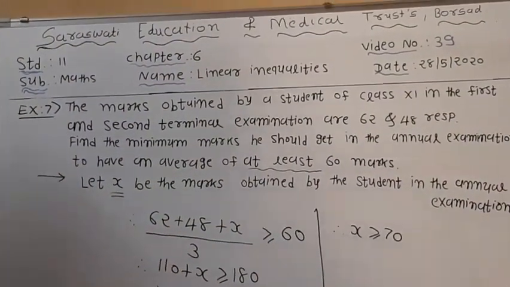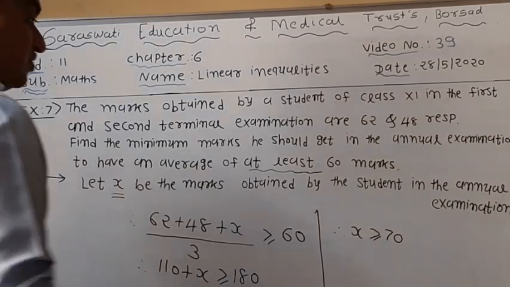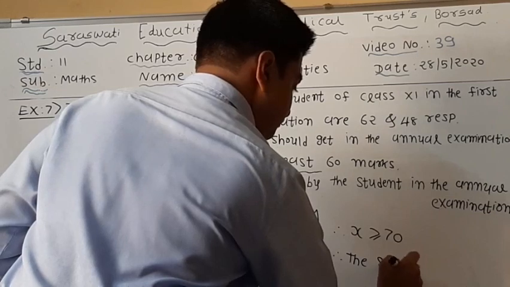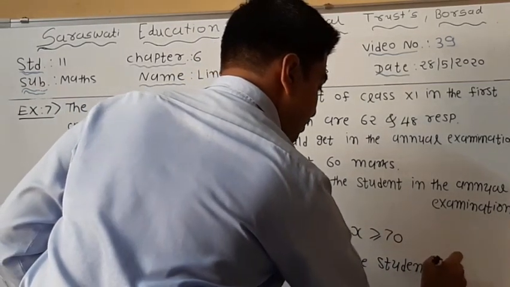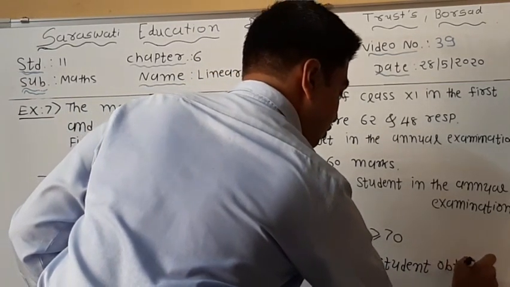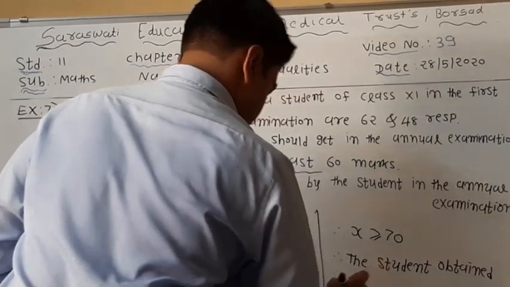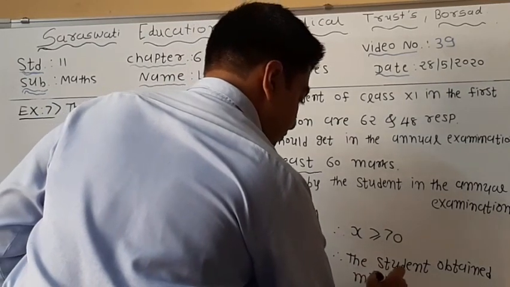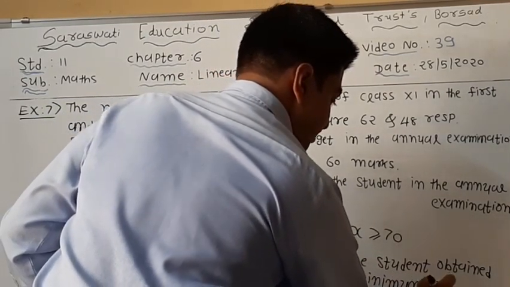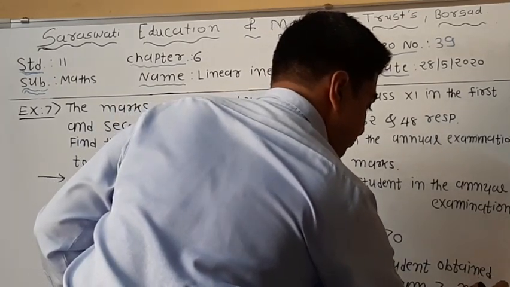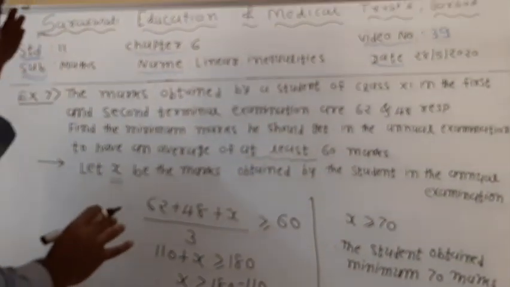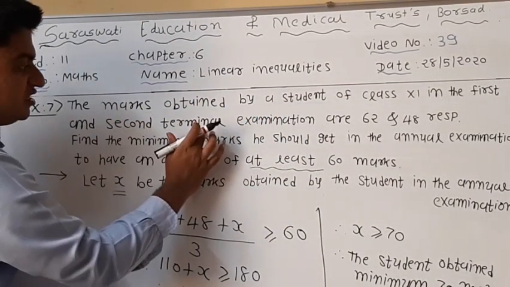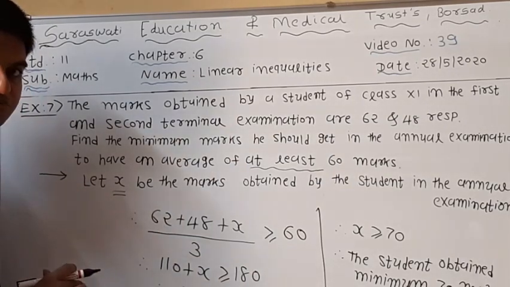So the student obtained a minimum of 70 marks. Clear?